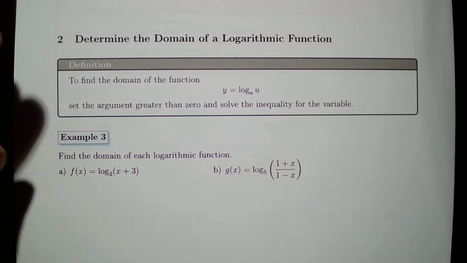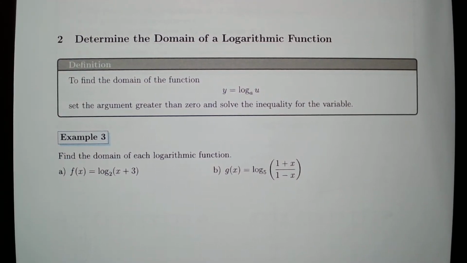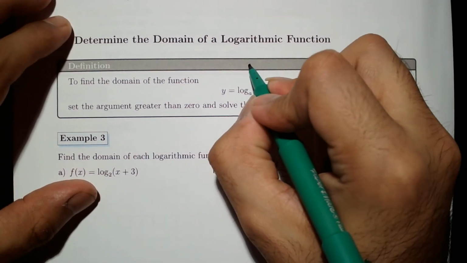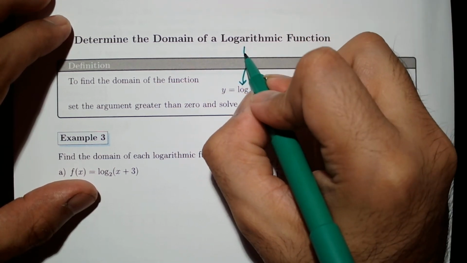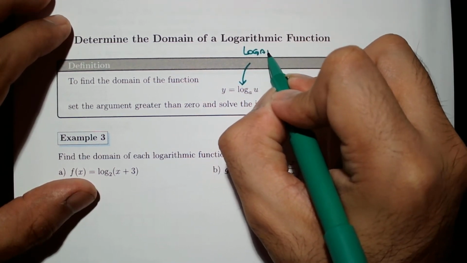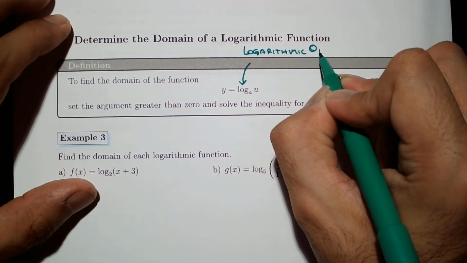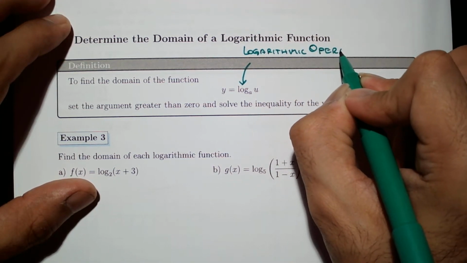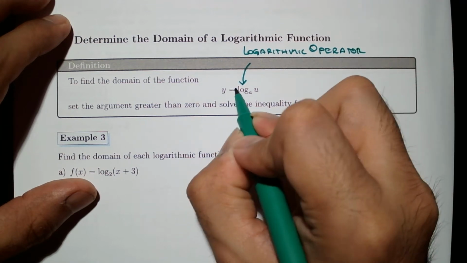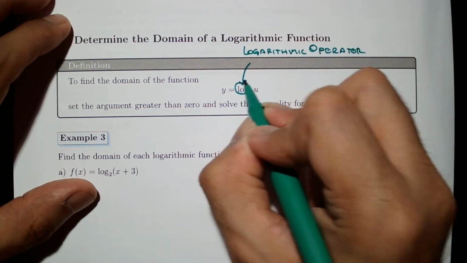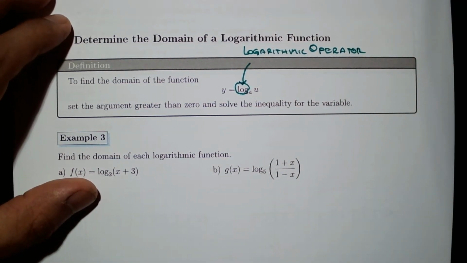Well, first of all, it would be a good idea to name the parts of the logarithmic function. Number 1, this is the logarithmic operator, that is the symbol log.